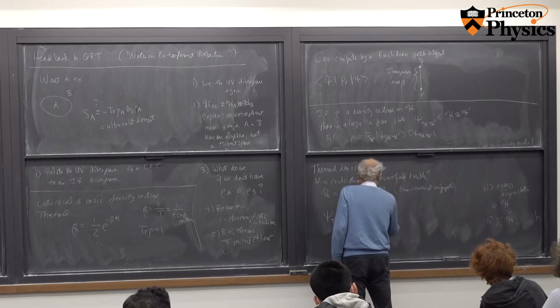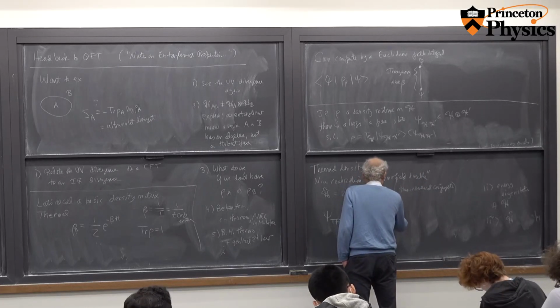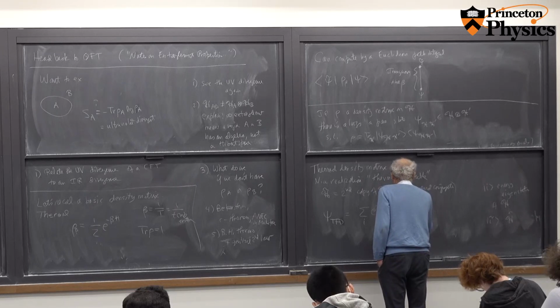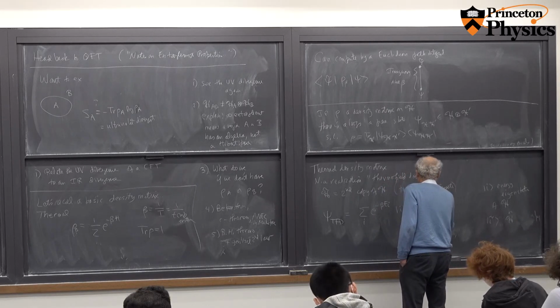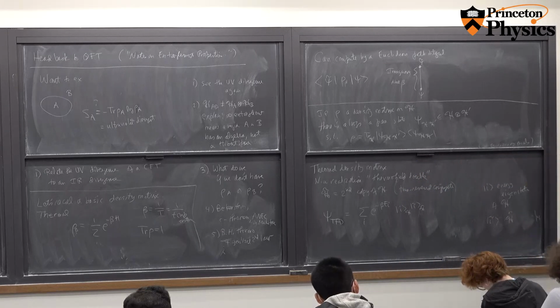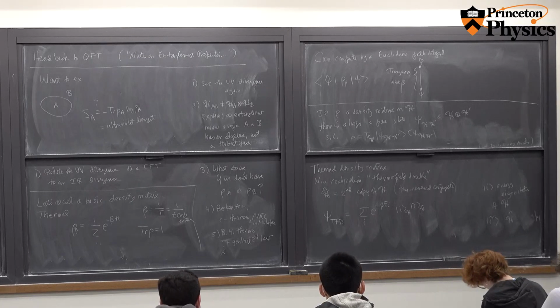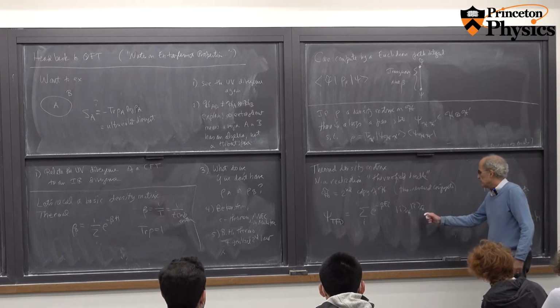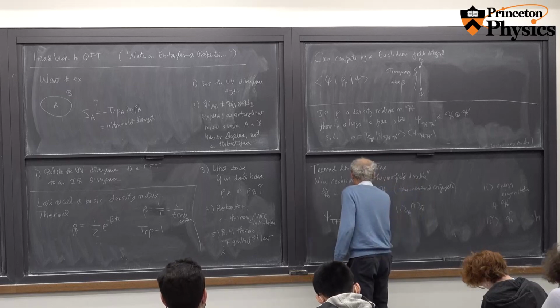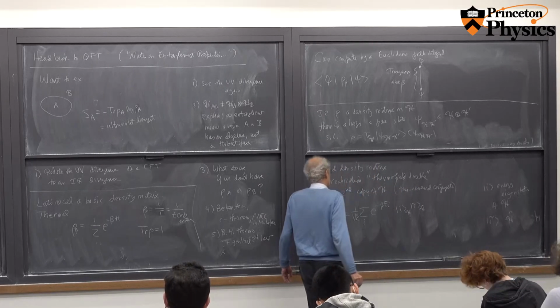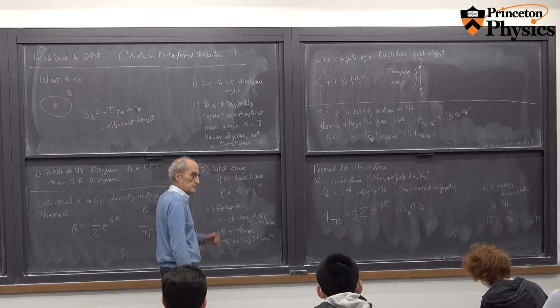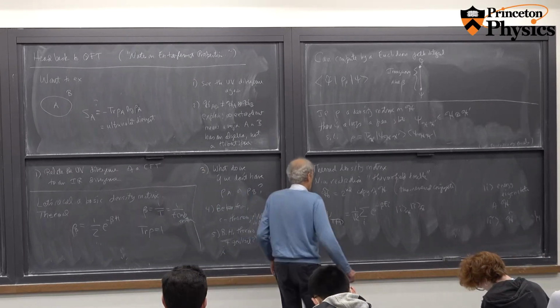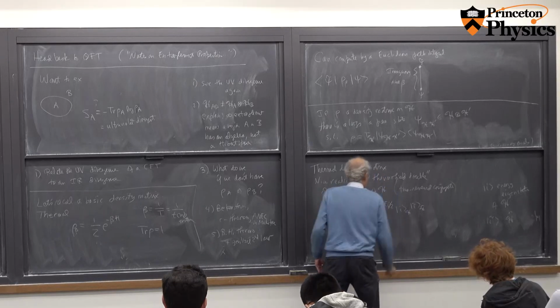The thermofield double state is a sum over energy eigenstates of system H times energy eigenstates of system H tilde, with a weight factor which is 1 over the square root of Z. And the exponent is half as big.